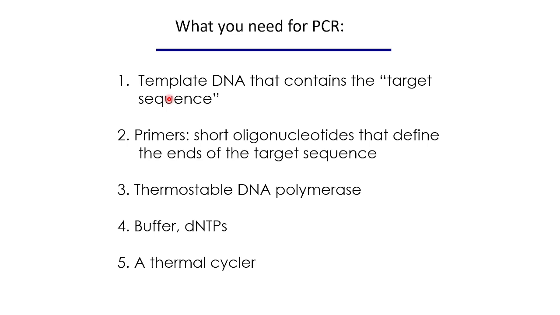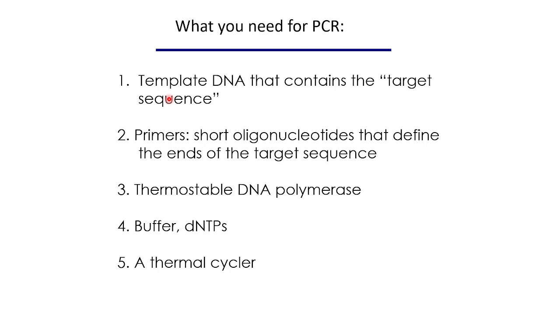And all that we require is buffers, dNTPs, and a thermal cycler. A thermal cycler is one where we can change the temperature in the cycle which we perform, since it's a polymerase chain reaction. So we require a cycler which is going to modulate the temperature. First is the denaturation step, then annealing occurs, then the joining occurs.